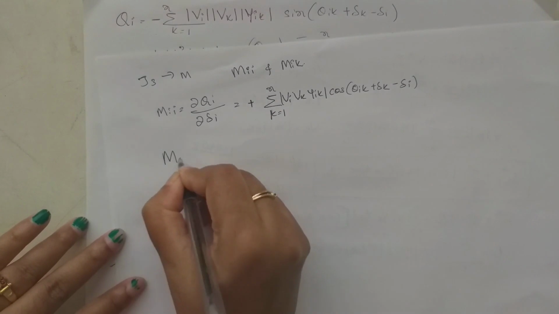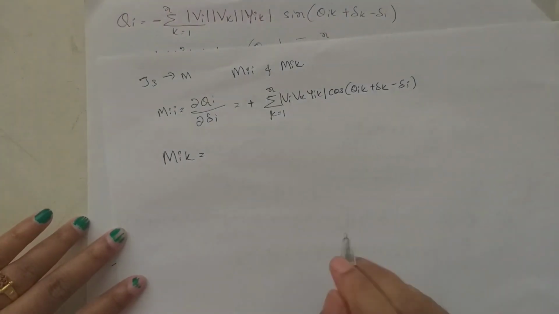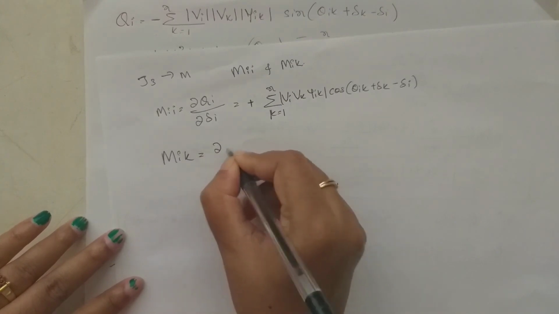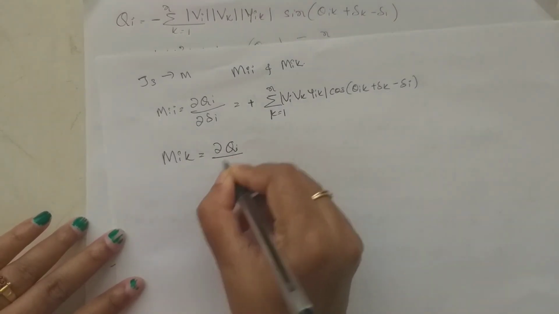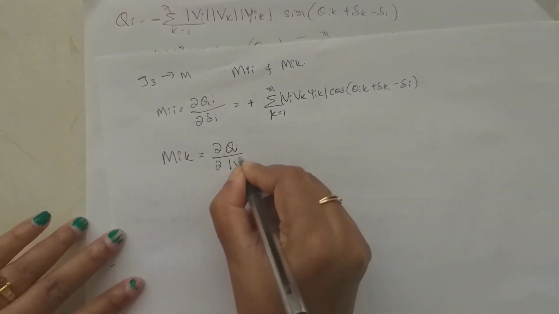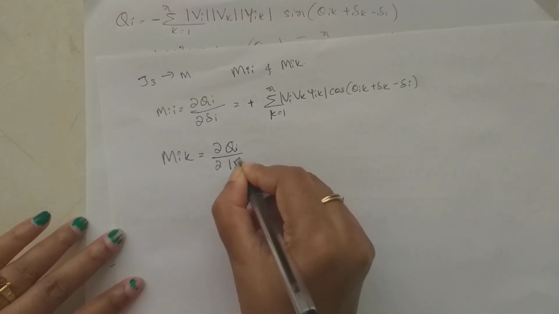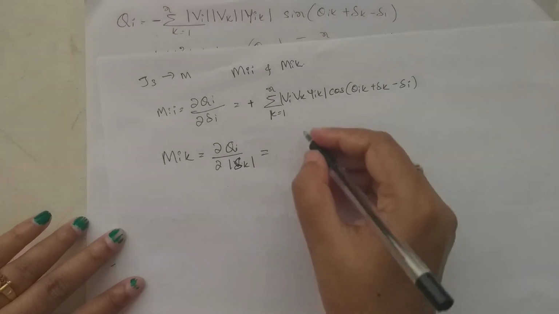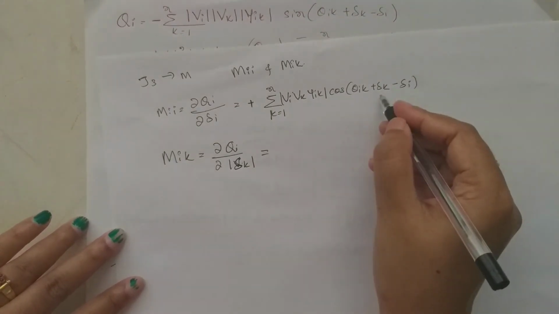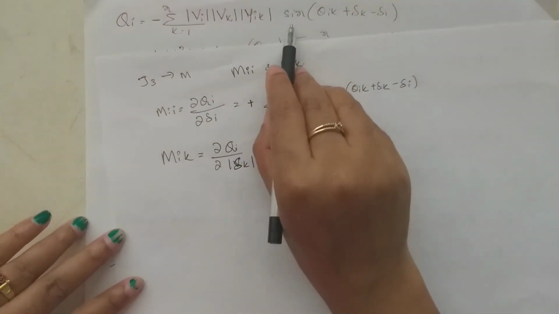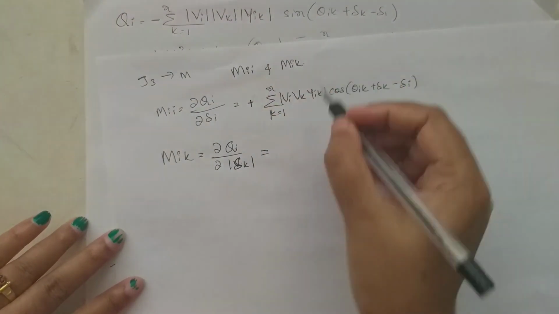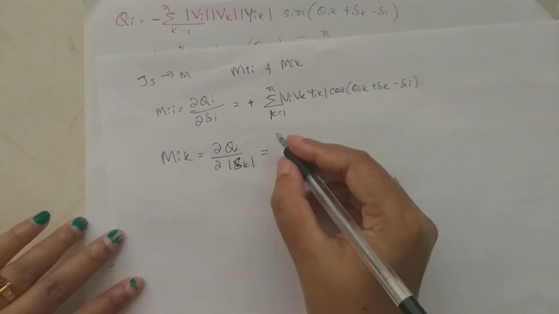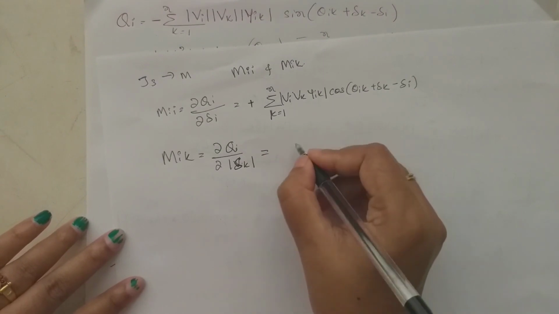Next, Mik, which is equal to the partial differentiation of Qi with respect to delta k. Delta k is inside the sine function, so others are constant, but while finding the off diagonal elements you are not supposed to consider the summation.